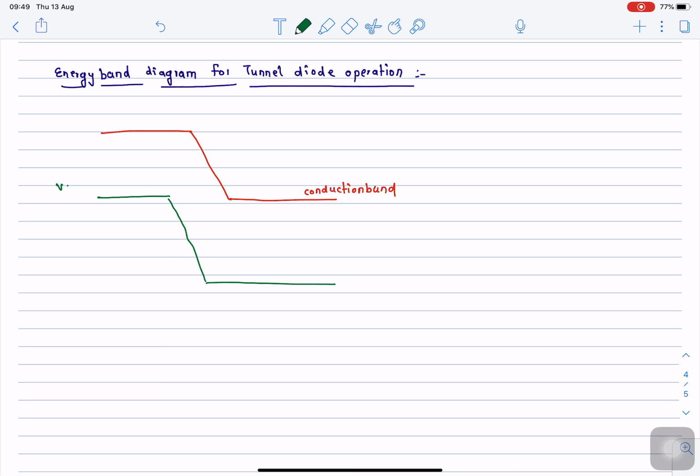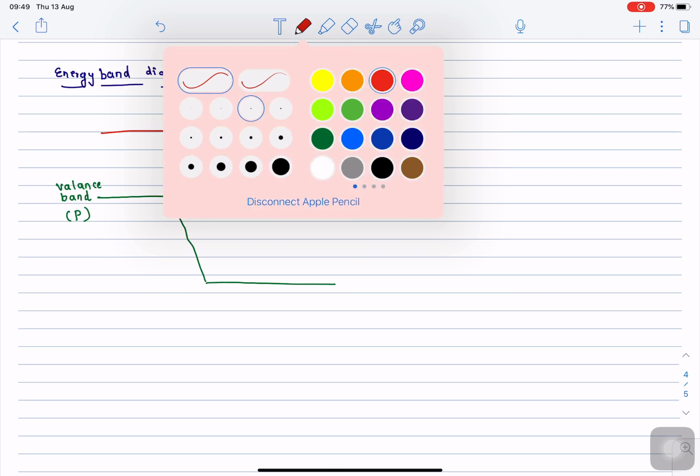So this is the valency band. This valency band is normally p type, and the conduction band, the majority charge carrier, we will show with n type.